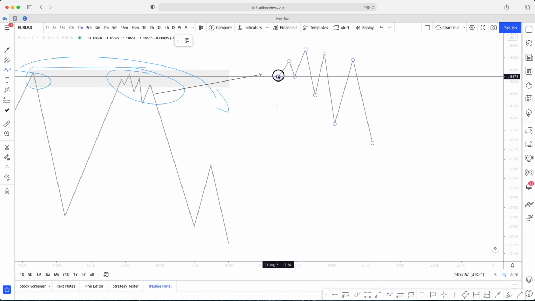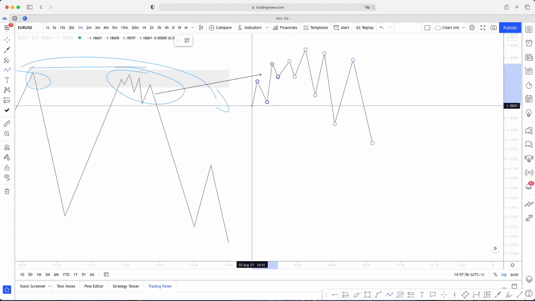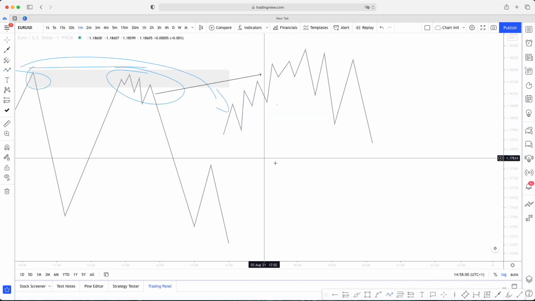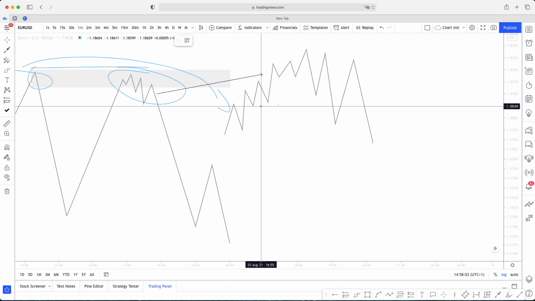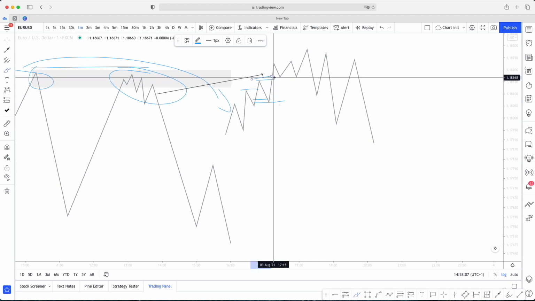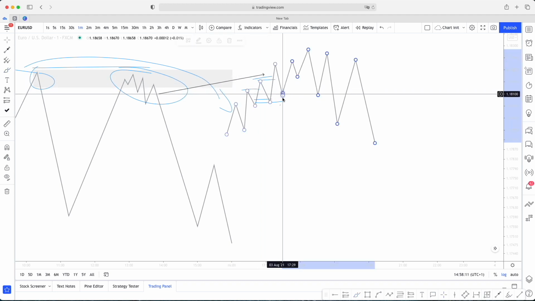Okay, so what's happening here is, in the build up to it, now I do this very badly, but what we have is breaker structures, mitigation, breaker structures, let's just say that this mitigated that, and we have mitigation.